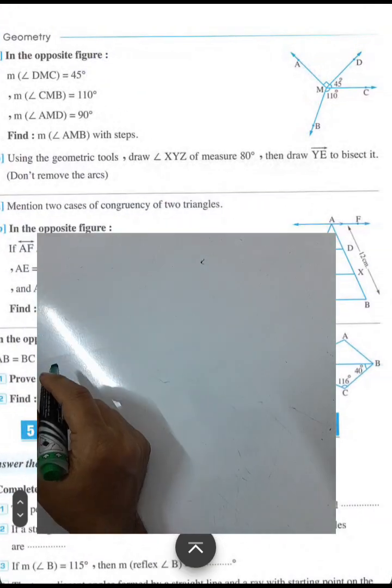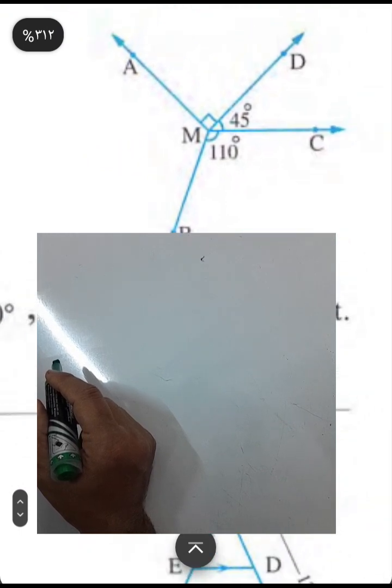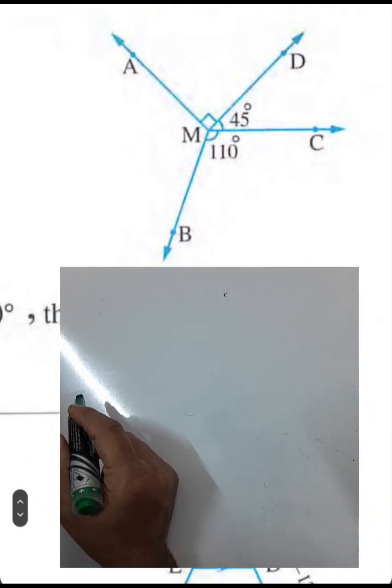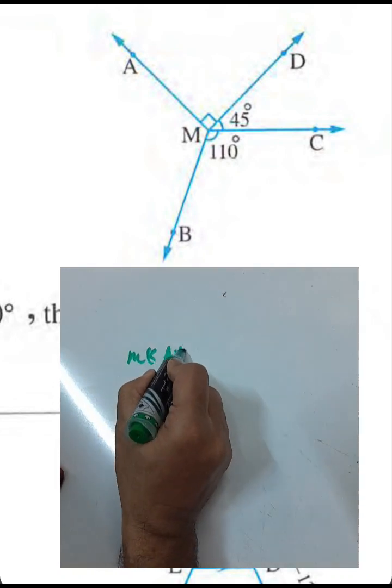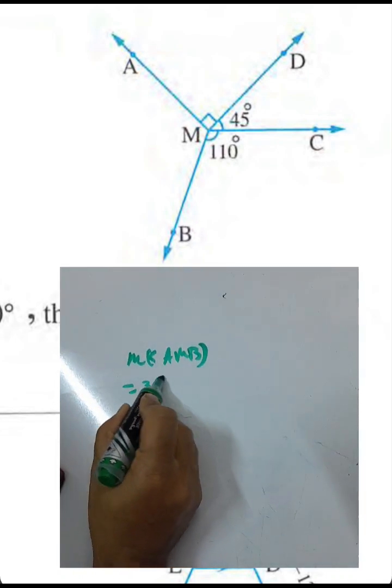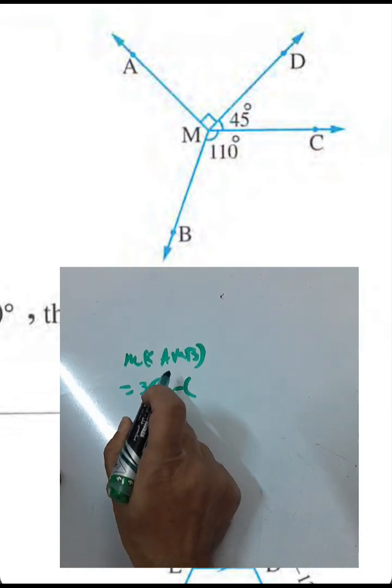We have here consecutive angles at the point M. We want to find the measure of angle AMB. Right? 360 subtract the sum of all angles here.